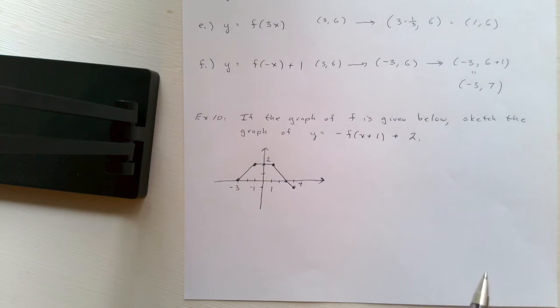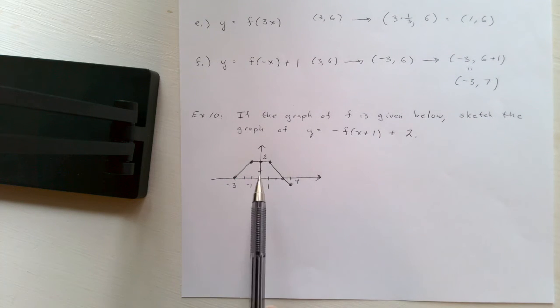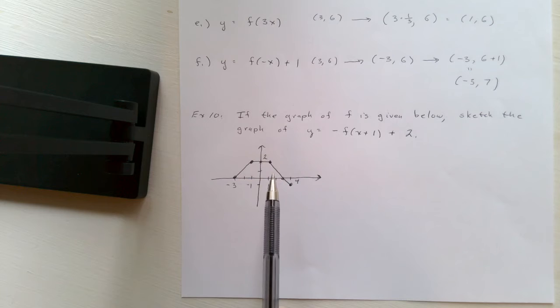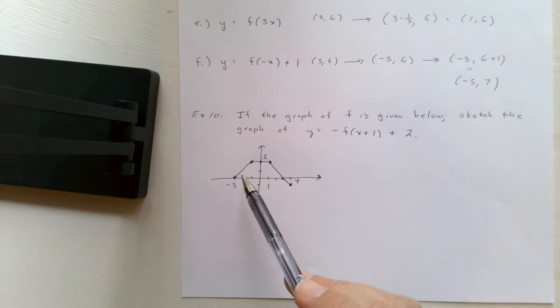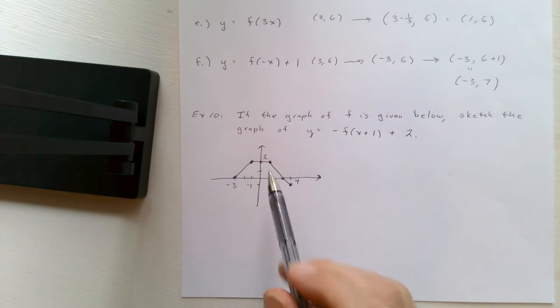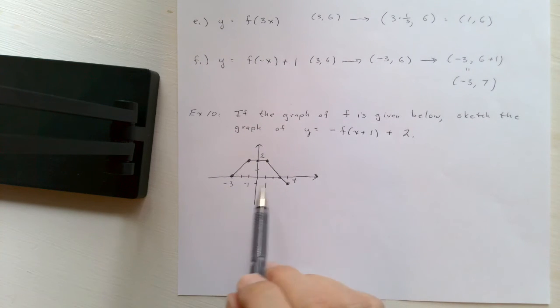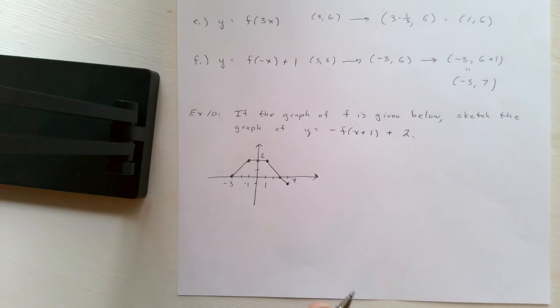But the idea here is if you can identify some important points on the graph and just see where the transformation sends those points, those will be points on the new graph. And we know that whether we're shifting up or down or reflecting, we're still going to have 3 line segments connected like so. So if we keep that in mind, we can just find out where each point goes, and literally connect the dots when we're done.